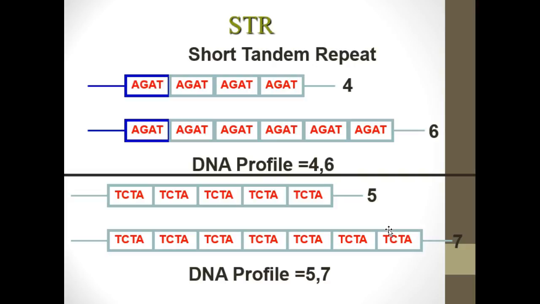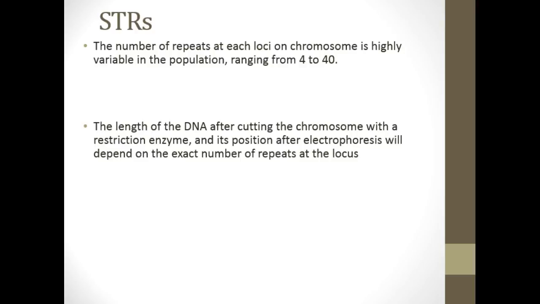So maybe the one on this chromosome might stutter in 4 codons. Maybe the one on this chromosome will stutter in 3 codons. But that is consistent through all humans. And I will try to explain that better when we look at which specific genes we're looking at.